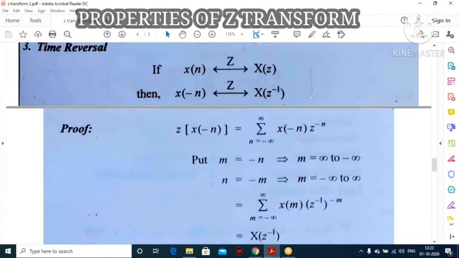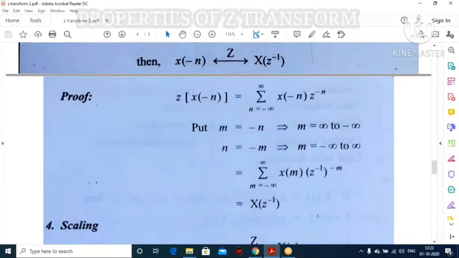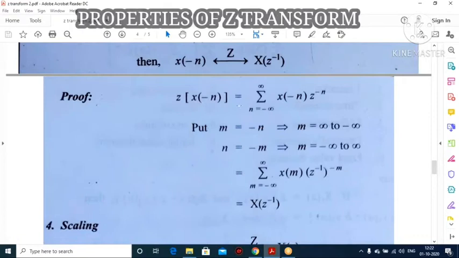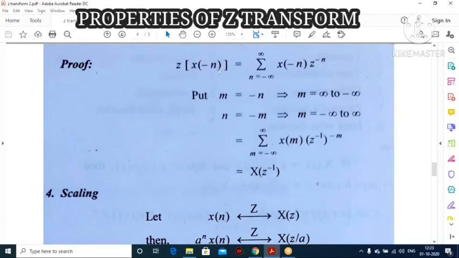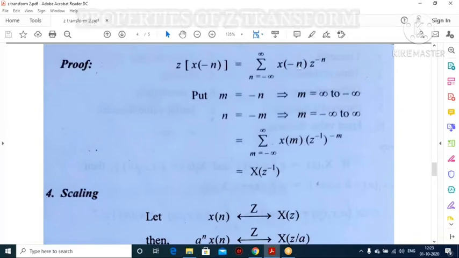Now you are going to prove this one. The Z transform of x of minus n equals the summation from n equal to minus infinity to infinity of x of minus n times z power minus n, because instead of x of n, I substitute here x of minus n. Now put m equal to minus n here.